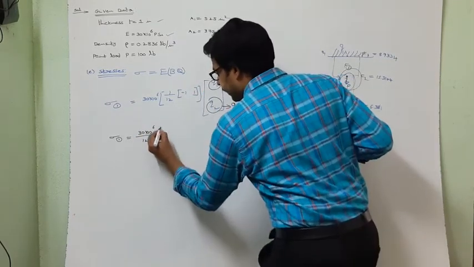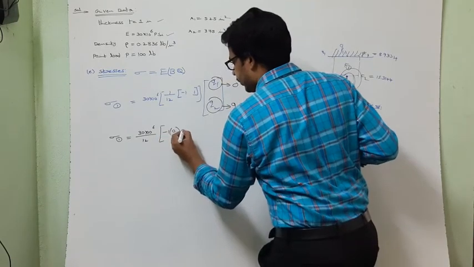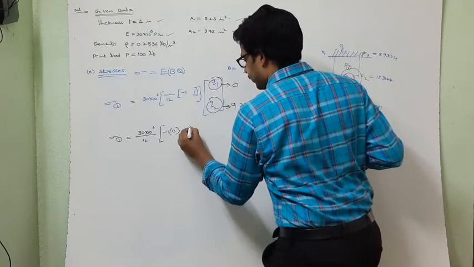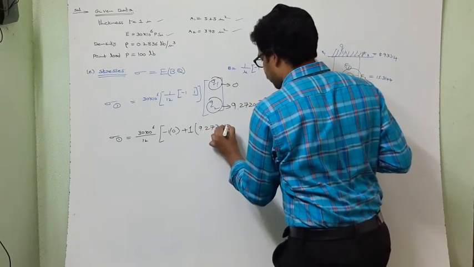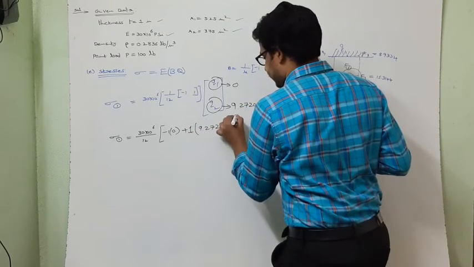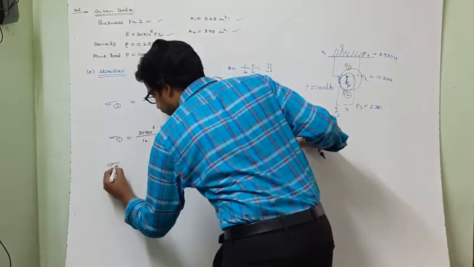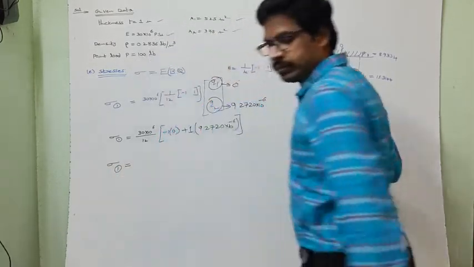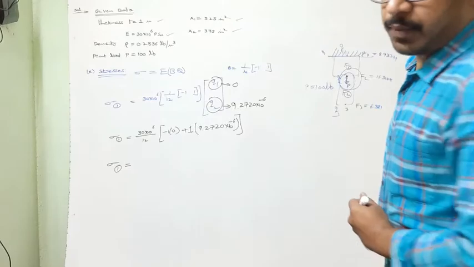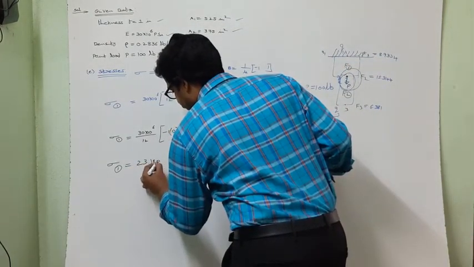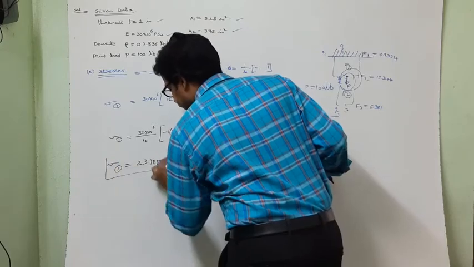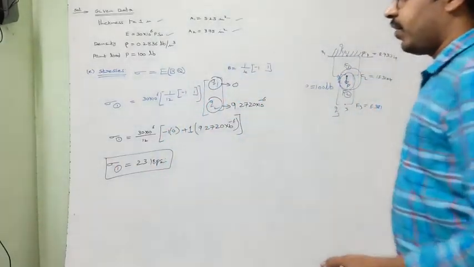So here minus 1 into 0 plus 1 into 9.2720 into 10 power minus 6. So here sigma 1 value is 23.18 psi. This is the stress value at first element.